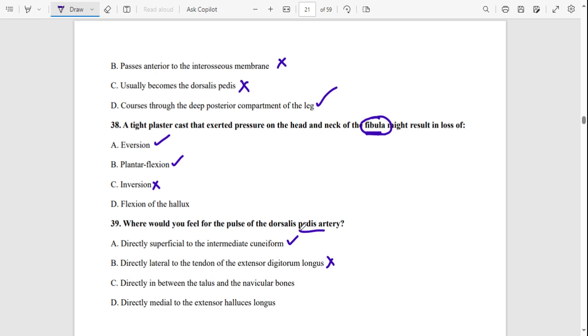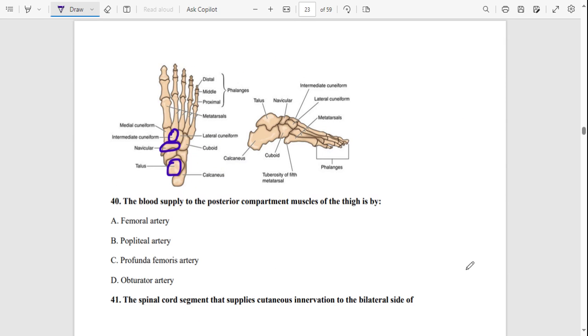We said that this artery passes on top, not between these two, but on top of the talus and the navicular bones. Direct medial to the extensor hallucis, supposed to be lateral to the extensor hallucis. So this is also not correct. Okay, so the best answer is A.